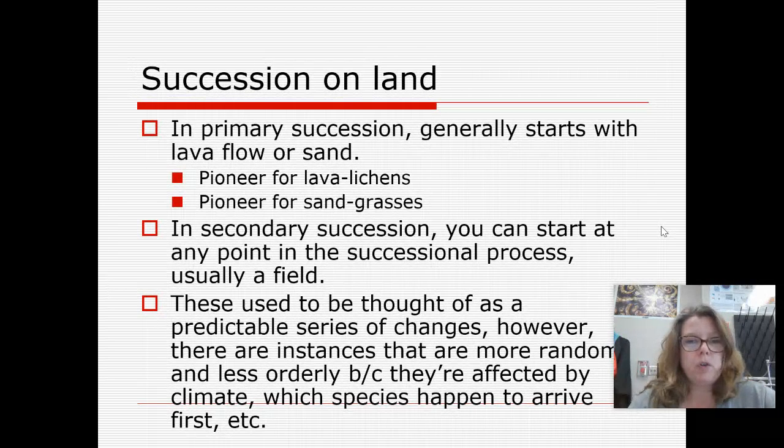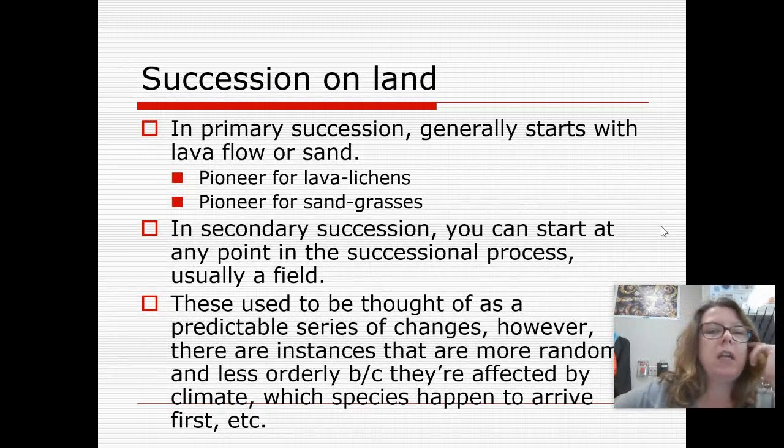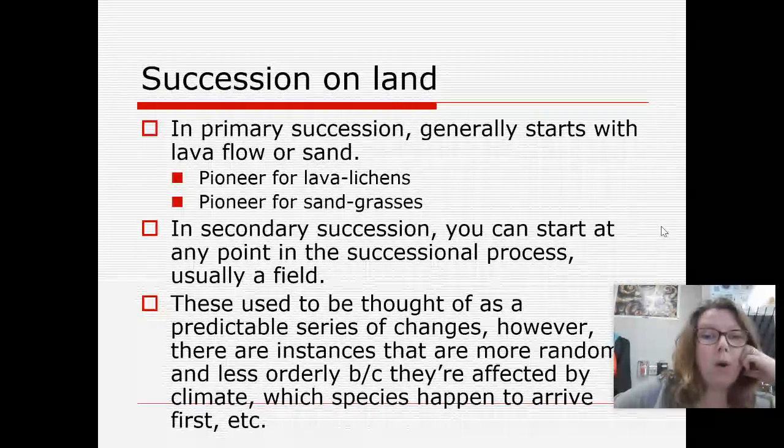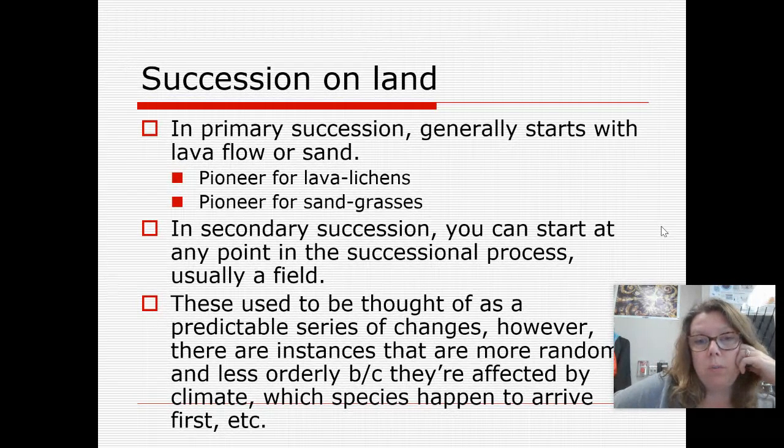Pine forests are generally replaced in our area by temperate deciduous forests. And so if you want to keep succession frozen at the pine forest state, you do forest fires, you do controlled burns. That's the disruption that we're talking about. You stop succession at that point.